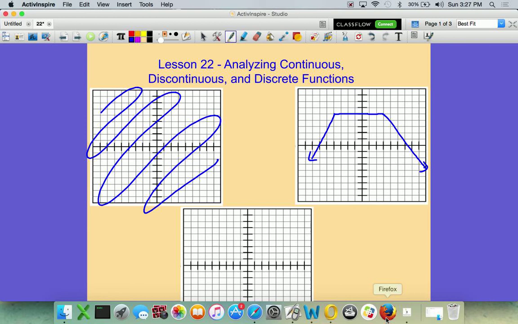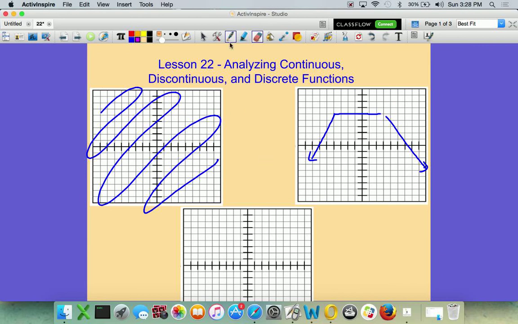That makes it continuous. Even with this one over here, we can draw that entire graph without lifting your pen off the paper. The problem is that it is not a function, so you can't say it's a continuous function. So continuous means you can draw the entire thing without lifting your pen off the paper.